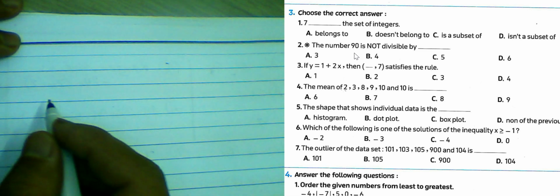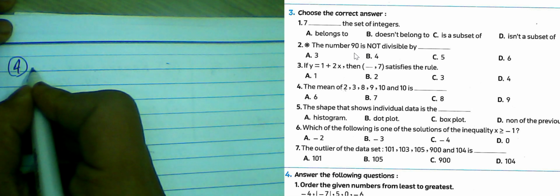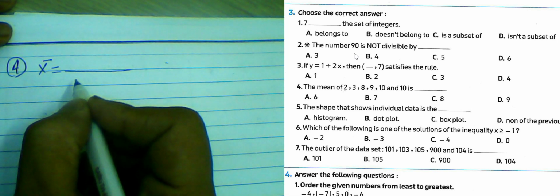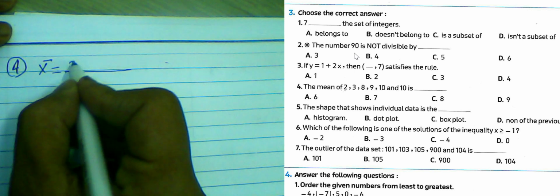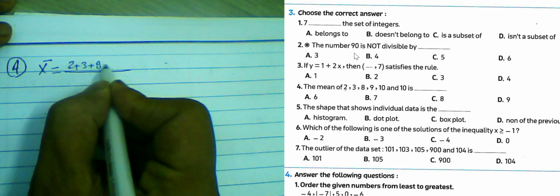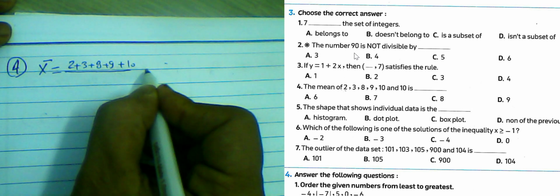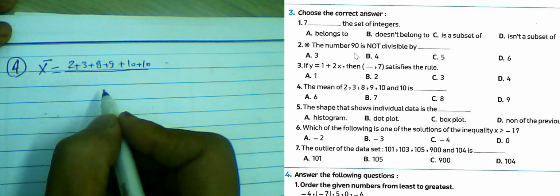Next question, number 4. The mean of the numbers. We can find the mean by finding the sum of all numbers divided by the count of numbers. We have 2, 3, 8, 9, 10, and we have 10 again.